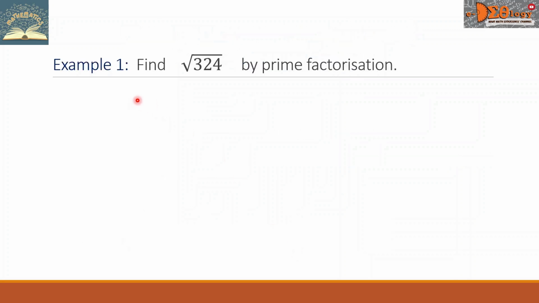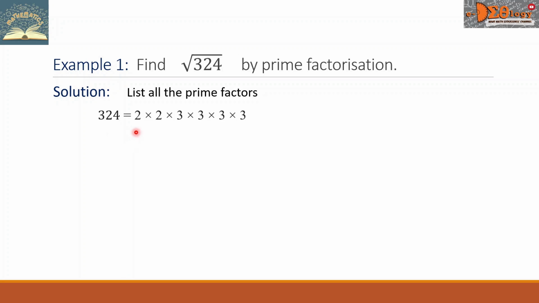Example 1. Find the square root of 324 by prime factorization. First, we write the 324 down here, then we write the prime factorization. So we have 2 times 2 times 3 times 3 times 3 times 3. Notice that the prime factors are coming in pairs.